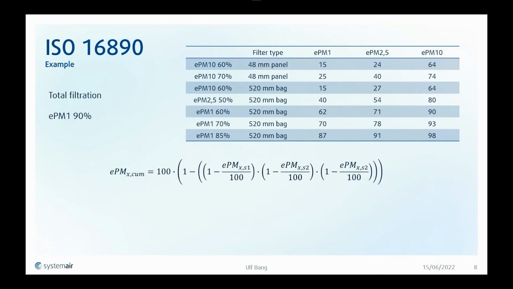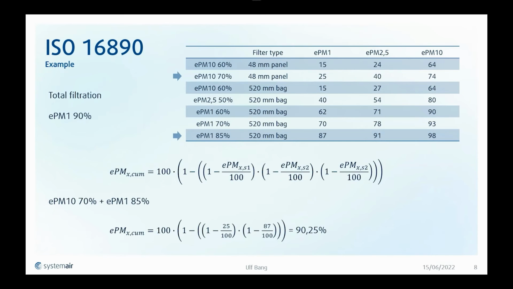If we calculate the total efficiency from this formula and we select a filter combination of an ePM10 70% and ePM1 85%, then we will see that we actually get a total filtration efficiency of 90.25%. And that is of course sufficient when our requirement was 90%.